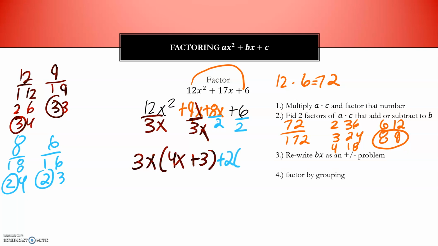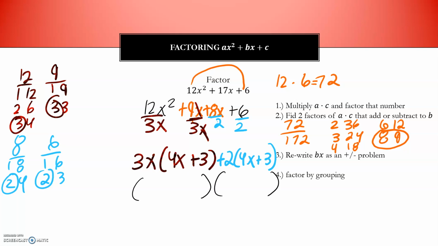So then we have 8 divided by 2 is 4x, 6 divided by 2 is positive 3. Did I do this correctly? Well, is 3x times 4x plus 3 equal to 12x squared plus 9x? Yes. I did that correctly. Is 2 times 4x plus 3 equal to 8x plus 6? Yes, I've done that correctly.